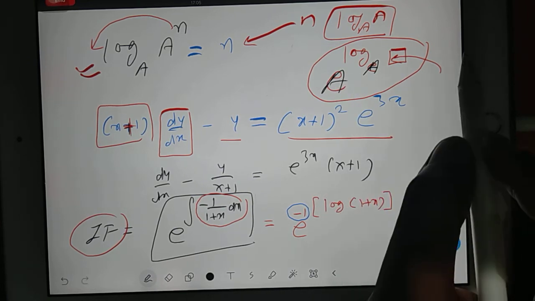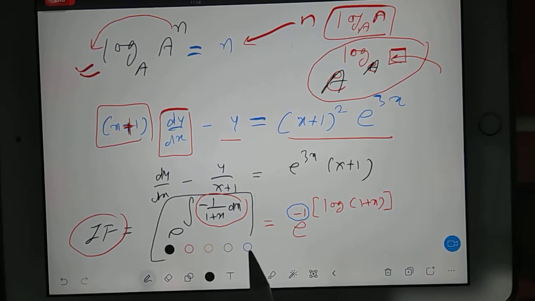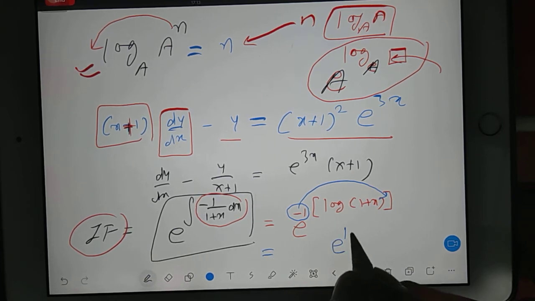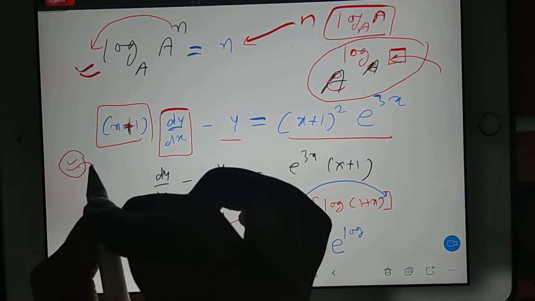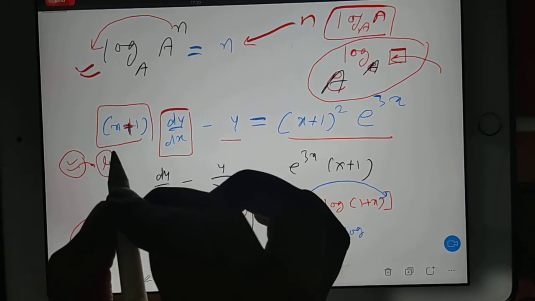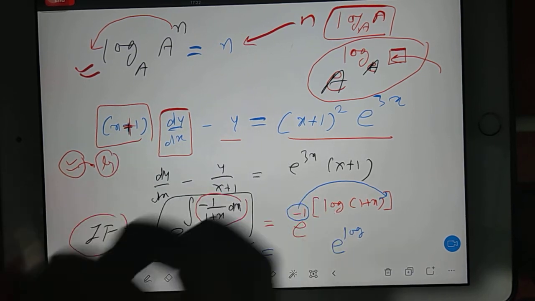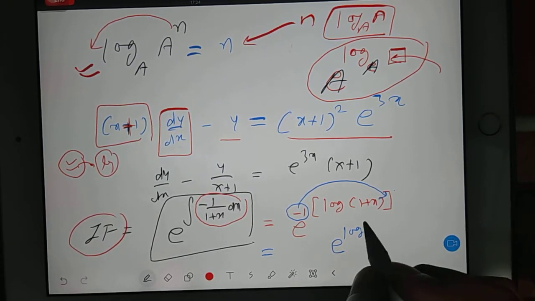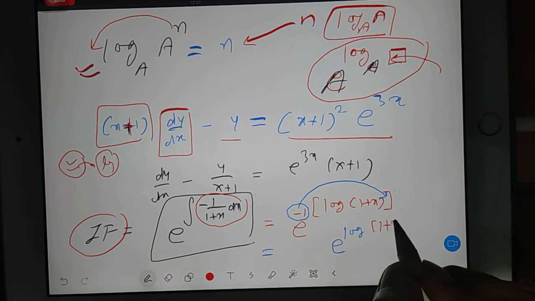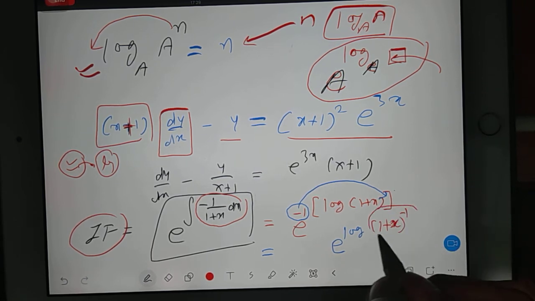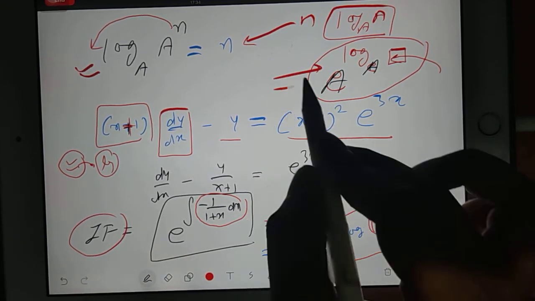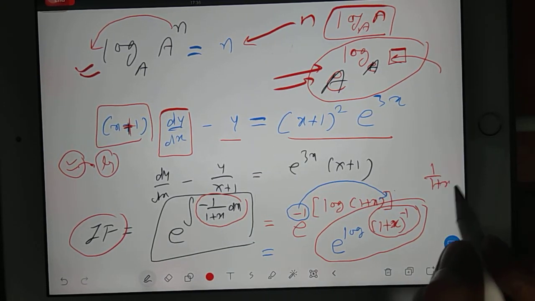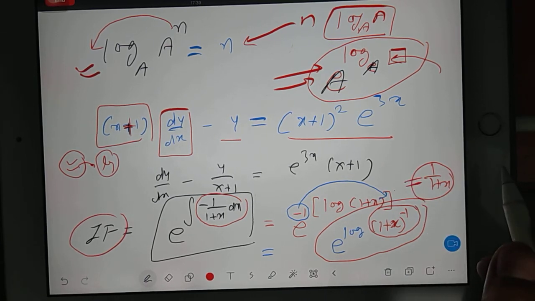So if I take this minus sign over this, it will be e power log, and again, whenever we do integration and log comes after integration, it is natural log with base e, always remember. So minus 1 you put here: e power log of (1 plus x) power minus 1 is nothing but 1 by 1 plus x. So the total answer because of this property will be 1 by 1 plus x. So this became your integrating factor.